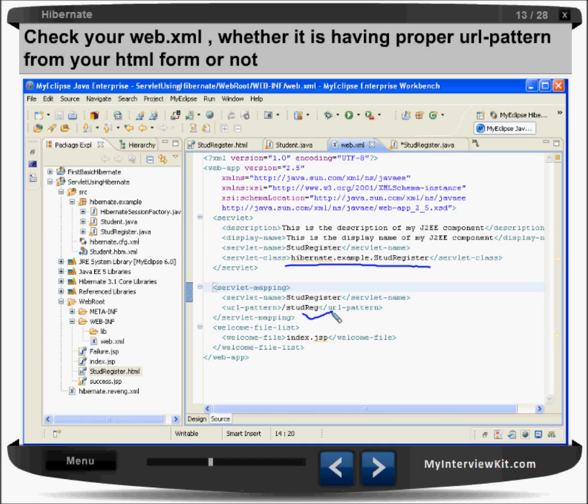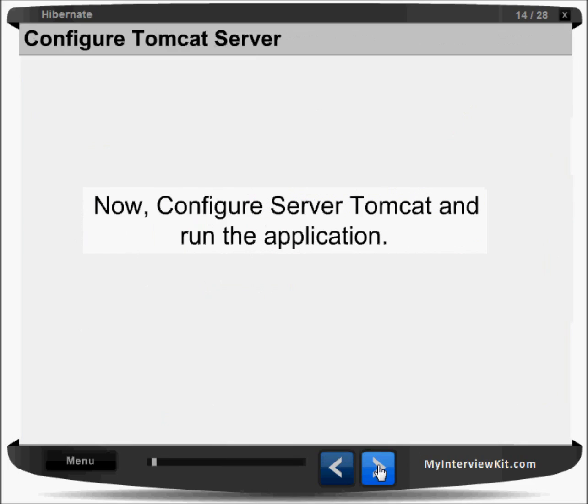This is my URL pattern which I have to use in my form, and this is my welcome page. Once the welcome page comes, I'll click register and the form will come. In the registration form, I will fill in the values and say register. It will go to the servlet, and then the servlet will connect with the database with the help of Hibernate, and then store the bean object to the database.